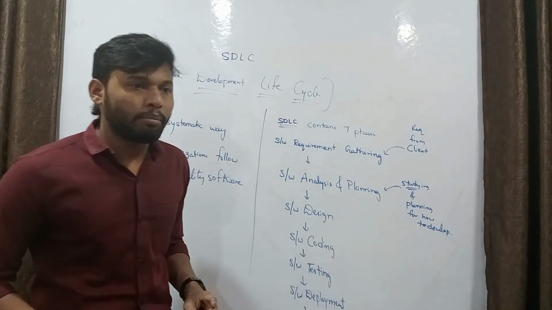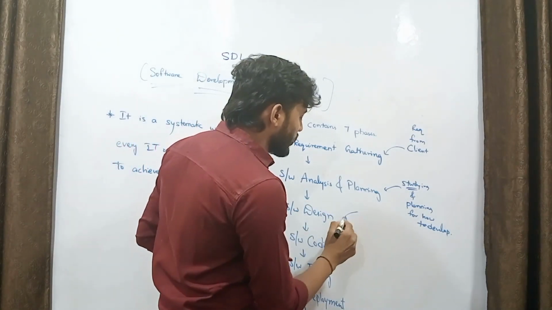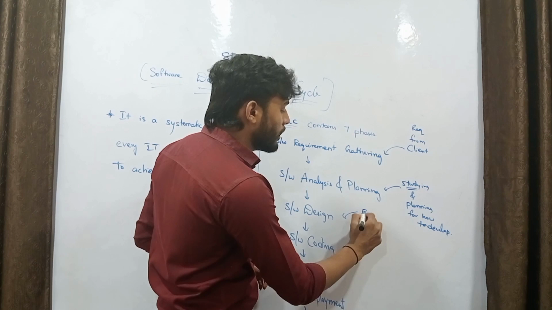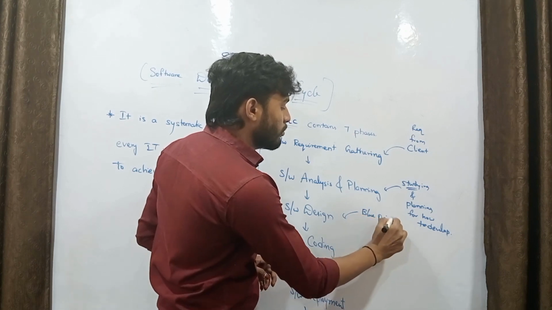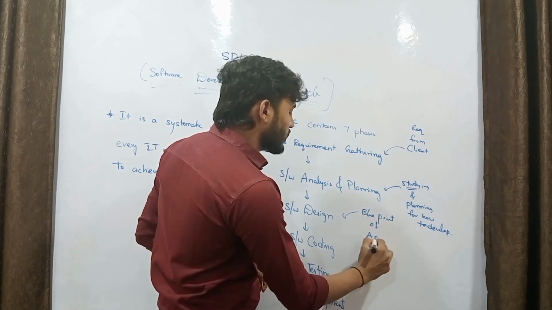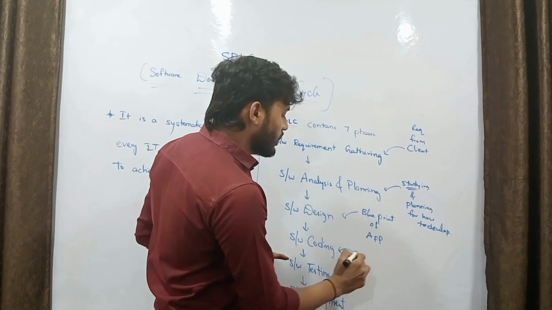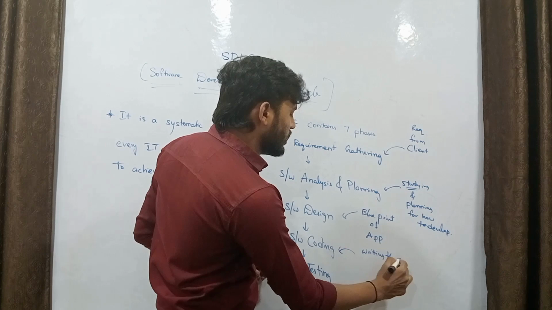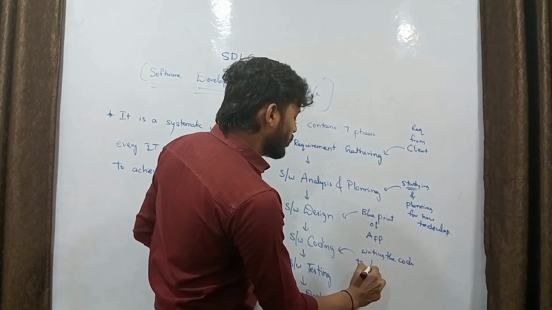Once the planning is completed, then the architecture engineer will get involved and design the application, like a blueprint of the application. And in coding, the developer will write the code to develop the software.